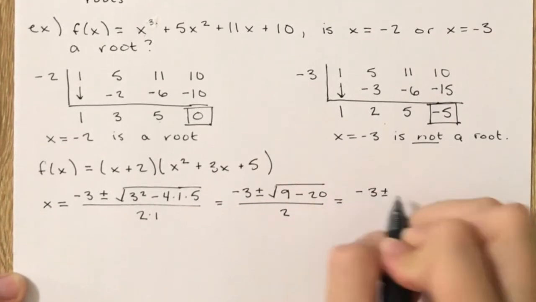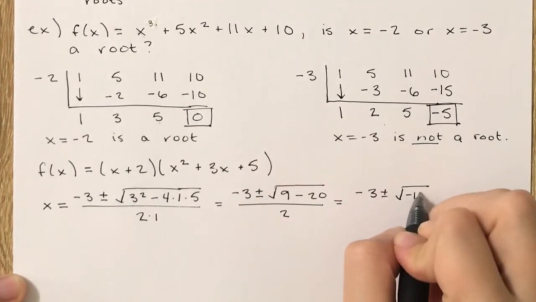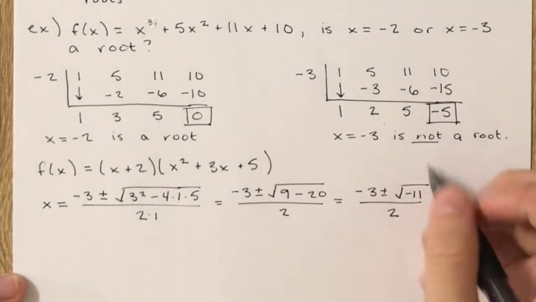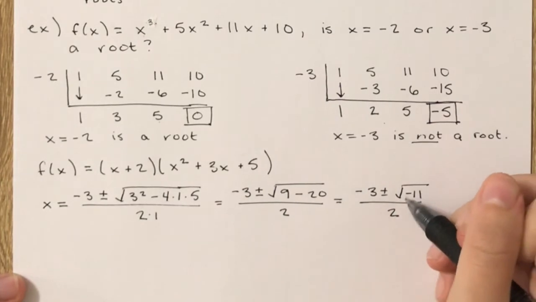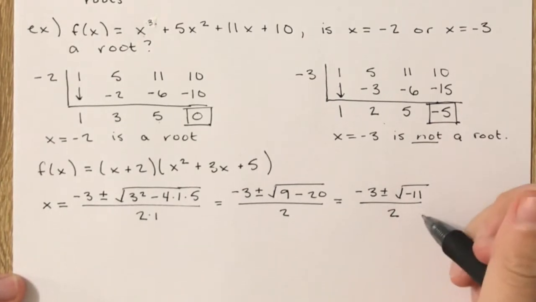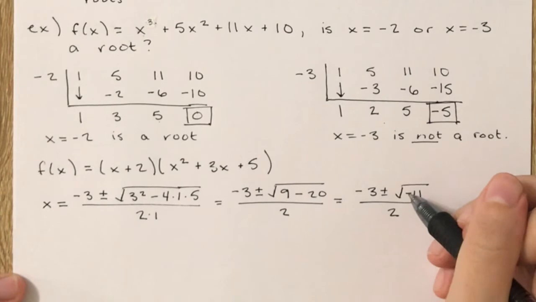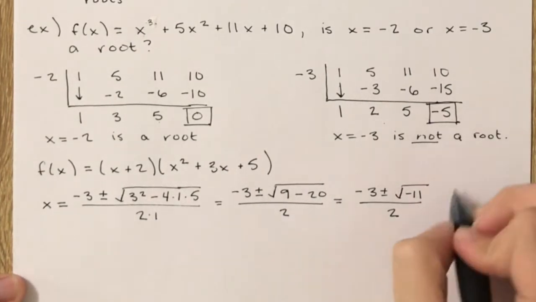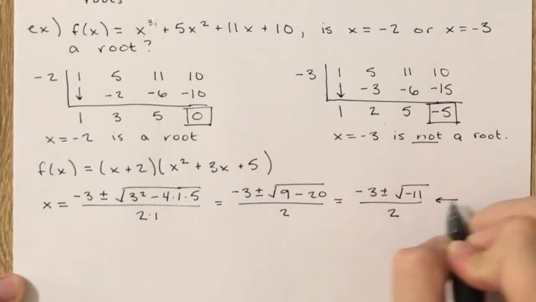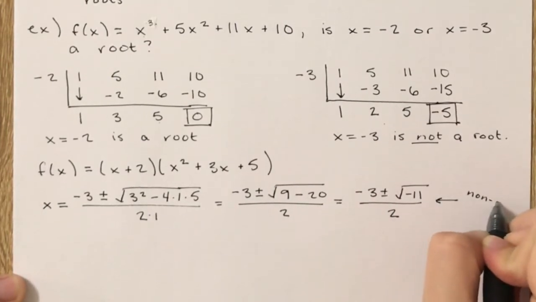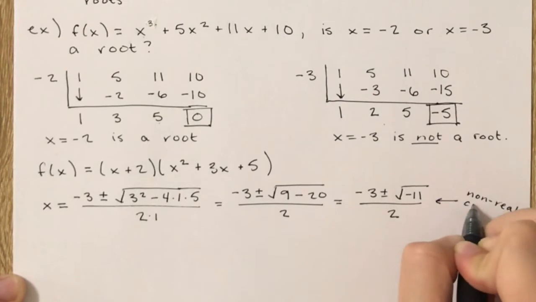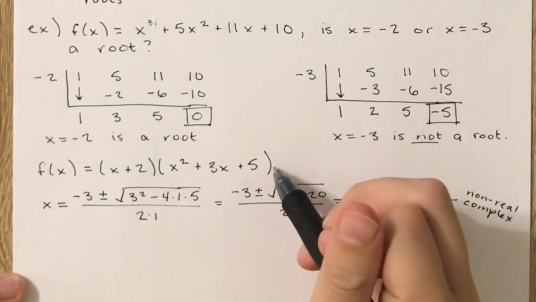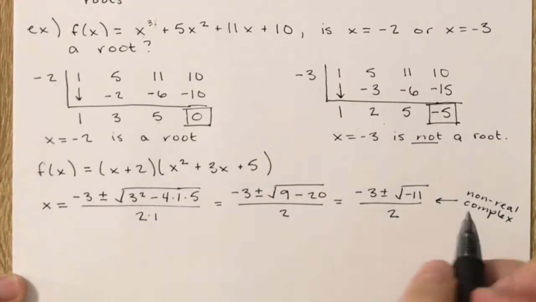So -3 plus or minus the square root of -11 over 2. So what does this mean? Well, we have a negative under the square root, which means we have a negative discriminant, which means we're going to have i, right? When we simplify this, we're going to end up with i. So this is non-real complex roots, which means that this is an irreducible quadratic.